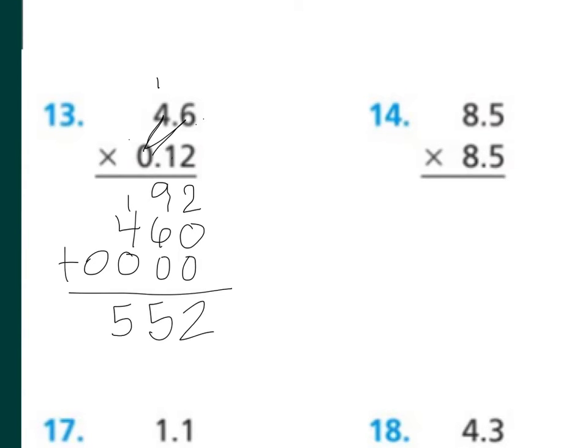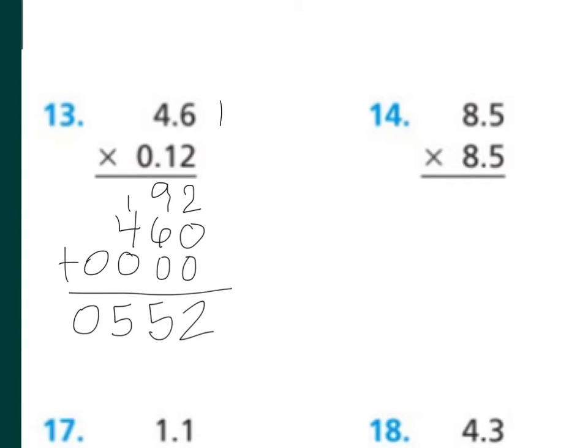Now, here's the part where I know some of us are going to get confused. However many place values are in the factors have to be in my answer. So I have 1 here and 2 here.